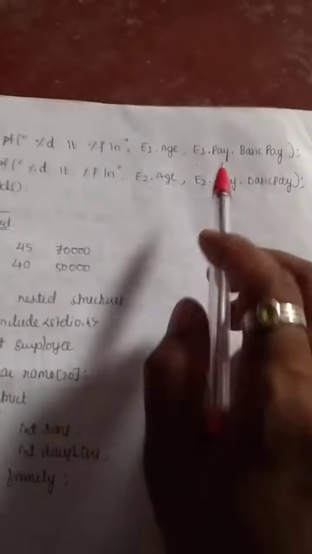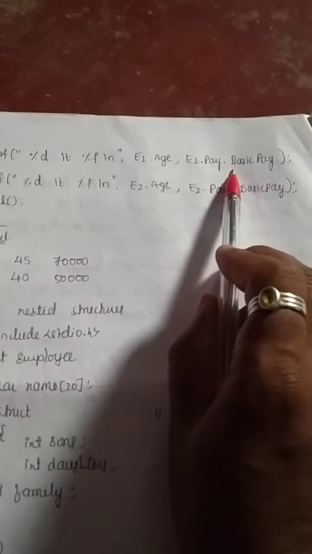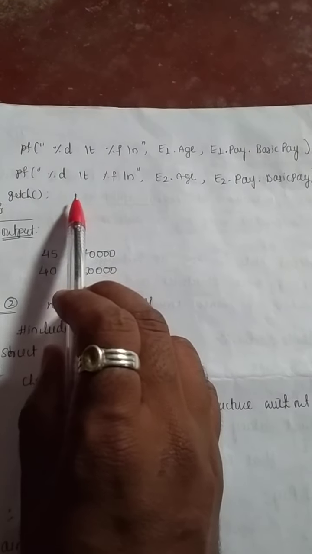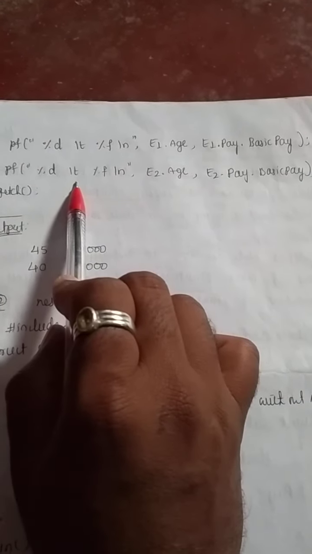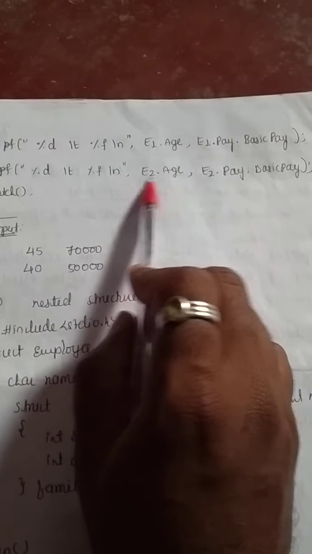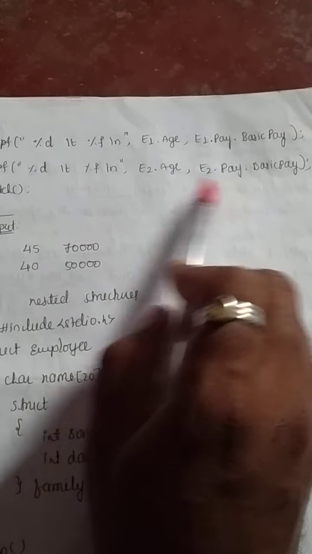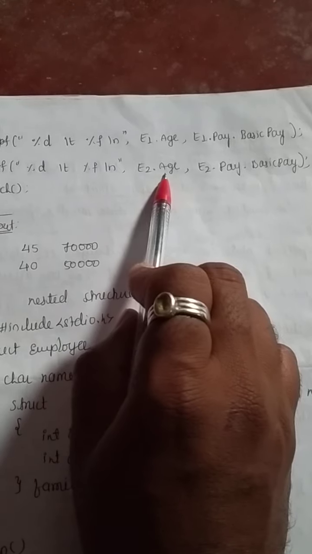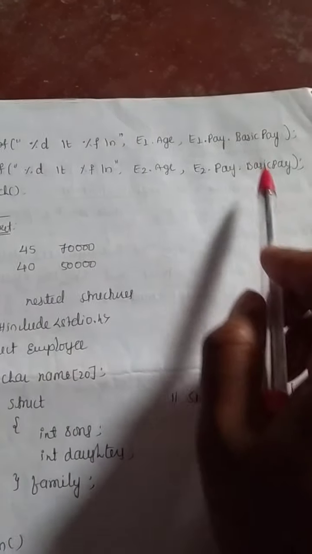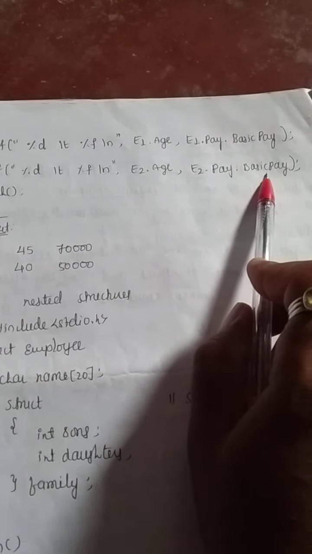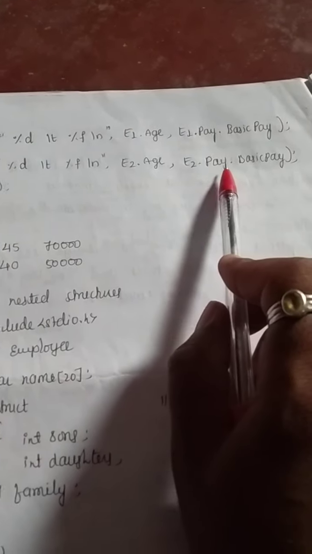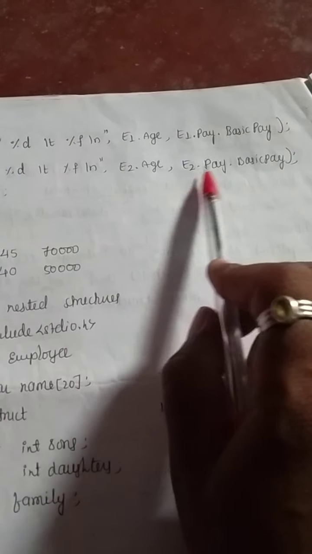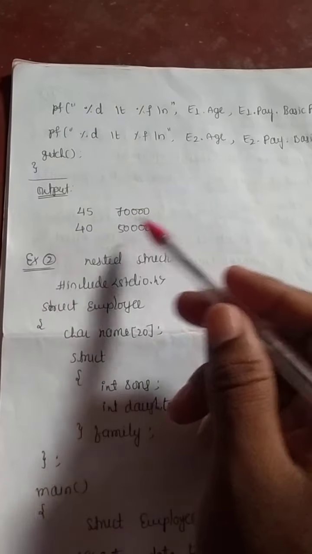In the same way for employee 2, %d slash t %f, E2 dot age. No need to use pay here because this is an outer structure data member. Basic pay is the inner structure data member, so I have to use E2 dot pay dot basic pay. So you are going to get the output like this.